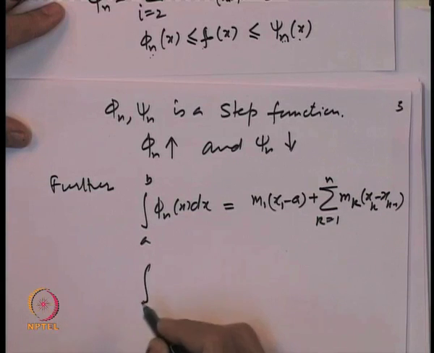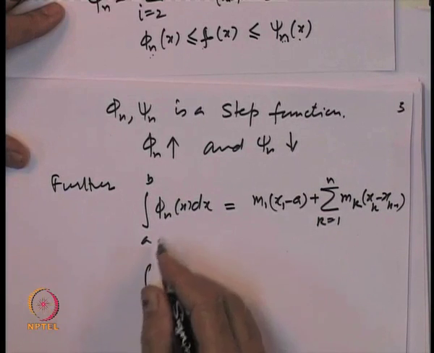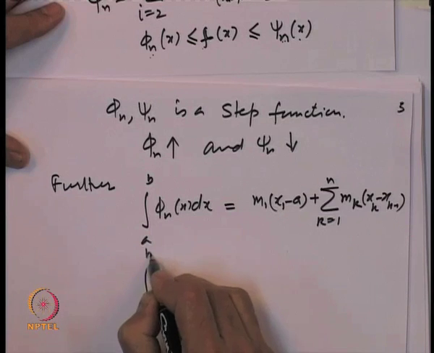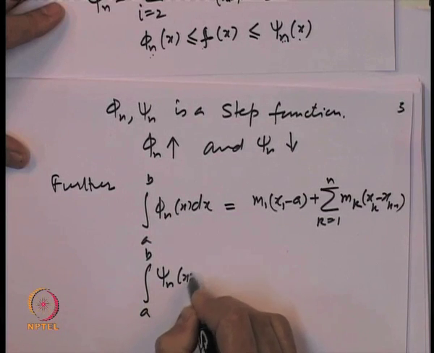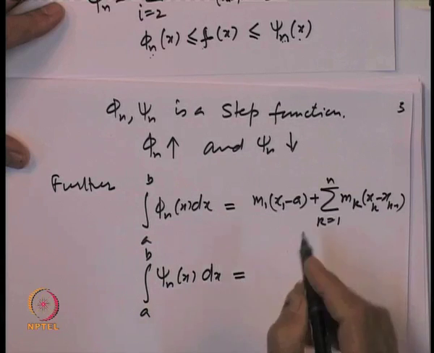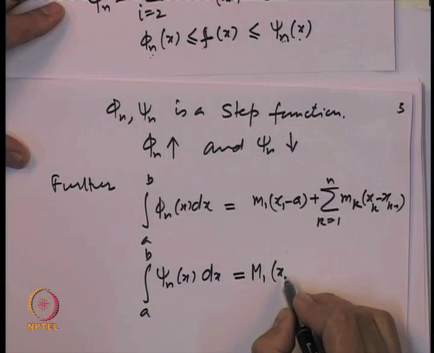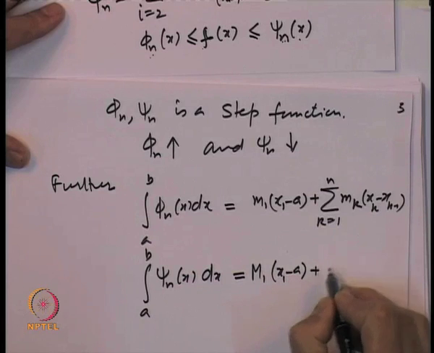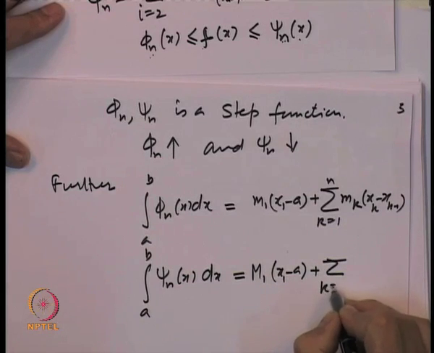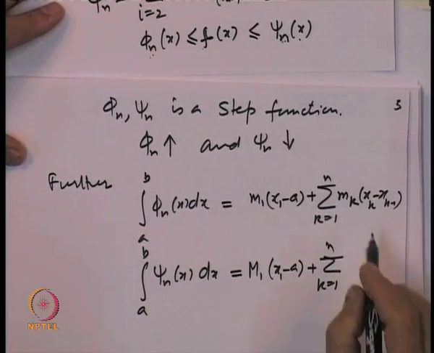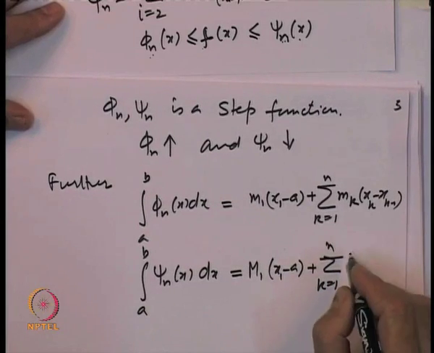And similarly, the Riemann integral of the function psi_n(x) dx is equal to capital M_1 in the first interval times the width of the interval, that is x_1 minus a, plus, for k equal to 1 to n, the areas of the other rectangles.